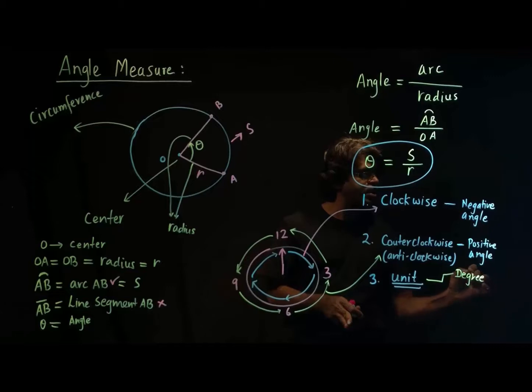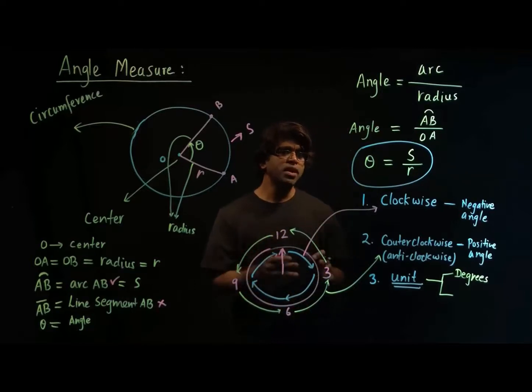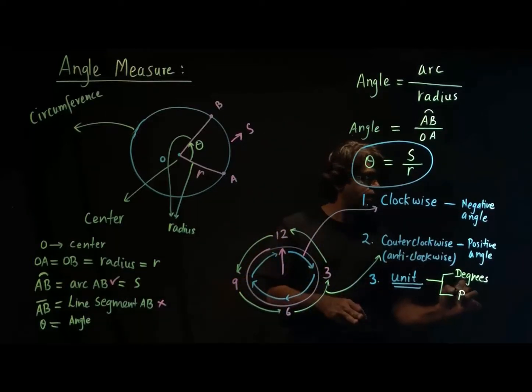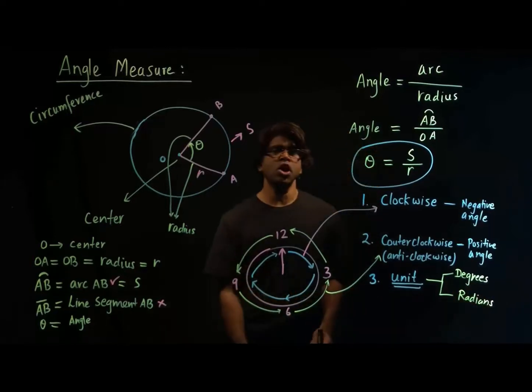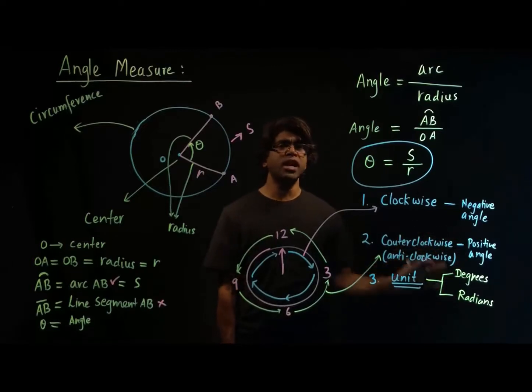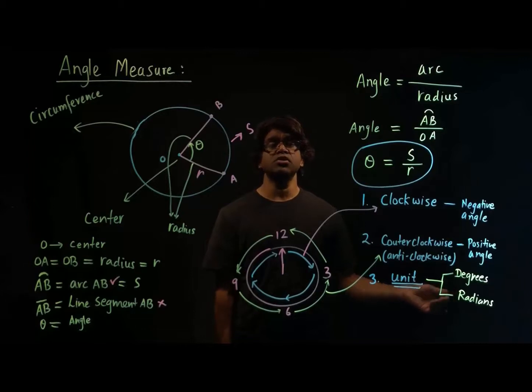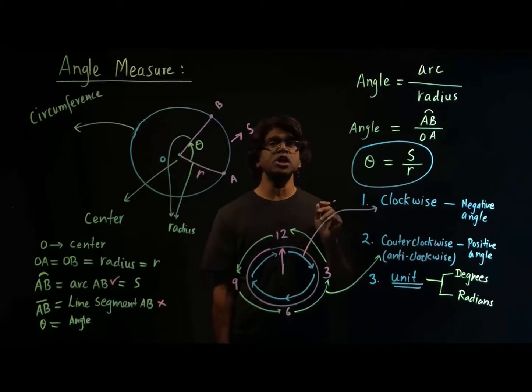The second unit that we can use to measure an angle is called radians. So either degrees or radians.